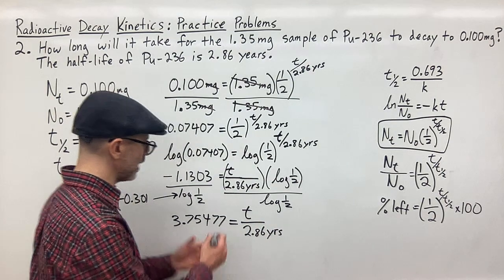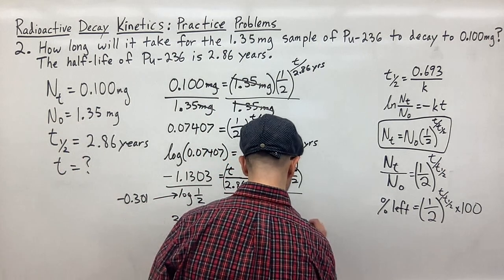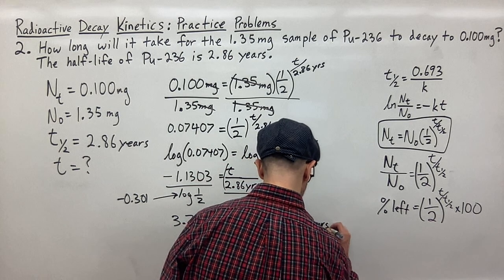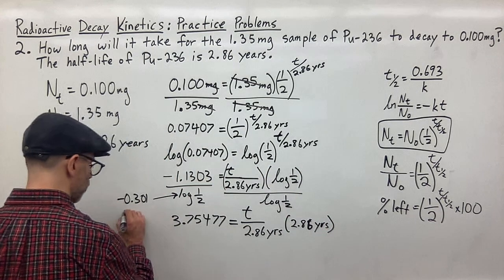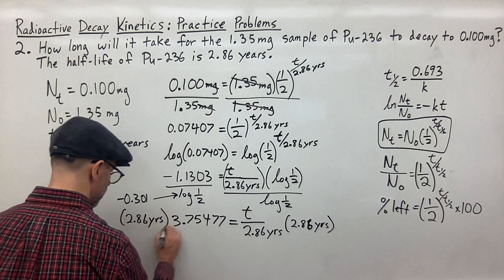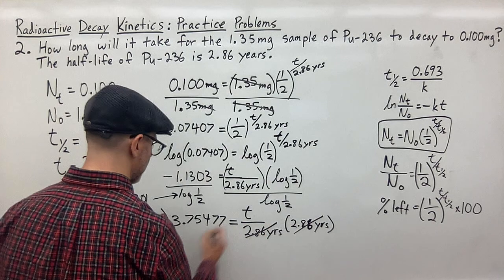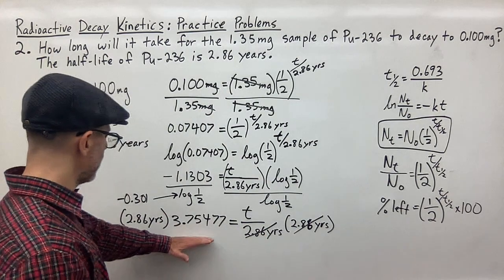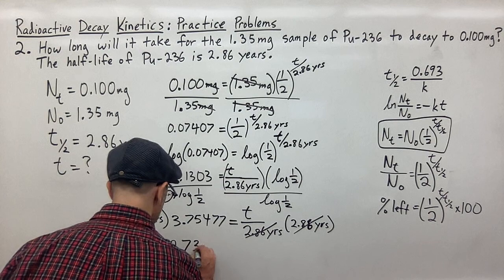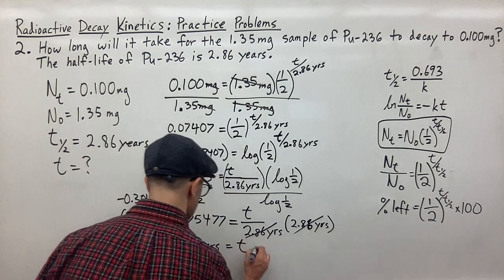So now I multiply both sides by 2.86 years. This cancels out, and now I have t by itself. So if I multiply this, I get 10.73 years is equal to t.